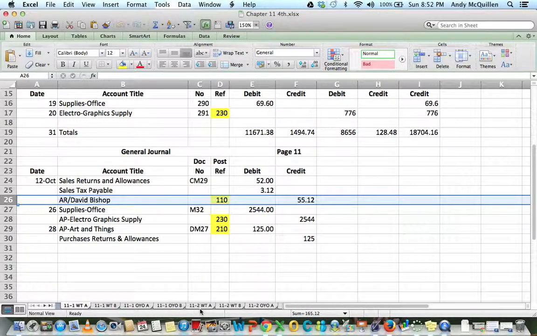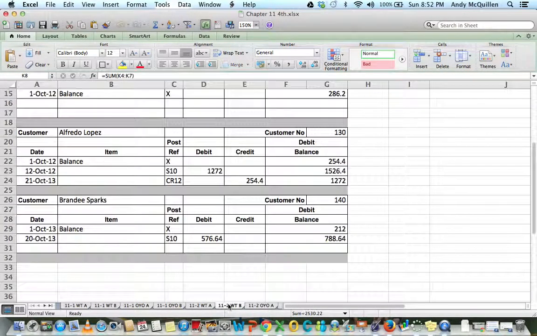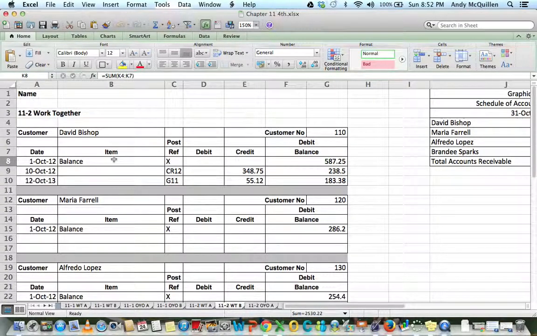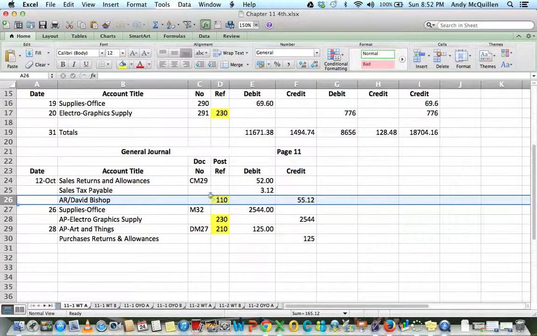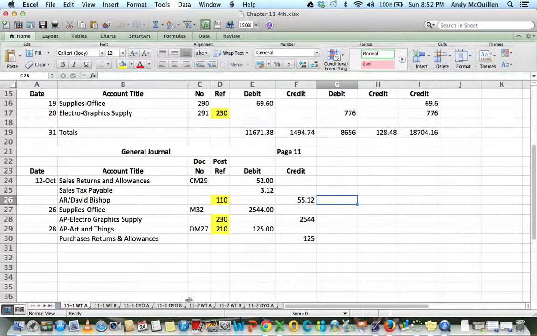So we go back to 11.2 work together part B. David Bishop, October 12th, G11, credit 55.12. We have a debit balance of 183.83. We go back and we put the post reference in of 110.